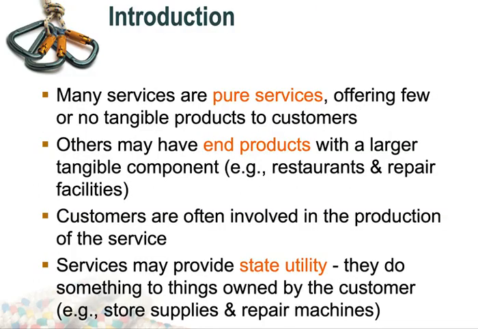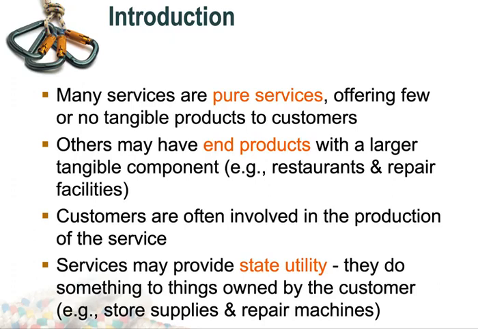So, introduction. Many services are pure service, offering few or no tangible products to the customer. So apart from manufacturing, apart from physical products, many companies are selling or offering pure service. Others may have an end product with a larger tangible component.